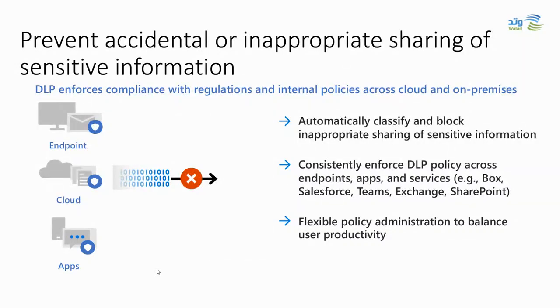And as you can see, DLP policies are consistently enforced across endpoints, apps, and services. So whether that's Box, Salesforce, Teams, Exchange, SharePoint, anything you like, wherever that data is stored, your DLP policies are applied.